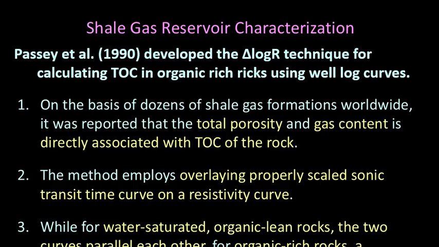So water-saturated organic lean rocks will show almost parallel curves, but they will deviate when you have the organic content there. Now for most case studies that have been published, we see that this method is by far the most common method that they use, at least from the log control.